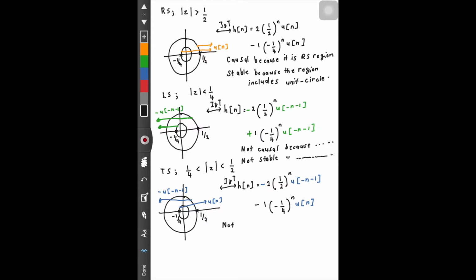For two-sided, it is not causal because it is a two-sided region, and it is also not stable because the region does not include the unit circle. Okay, done for question 2 part 1.